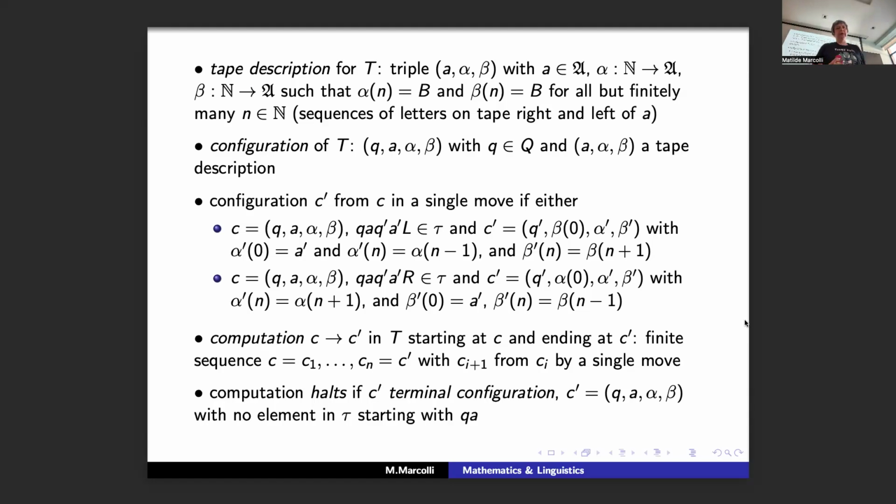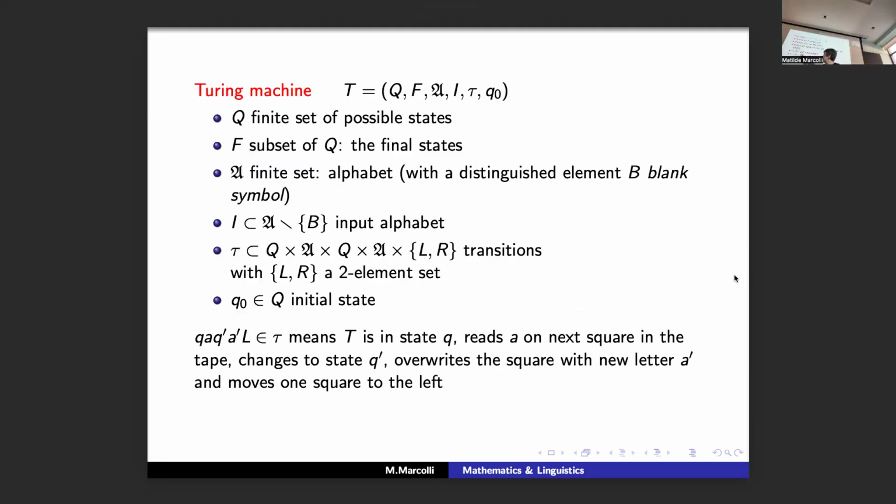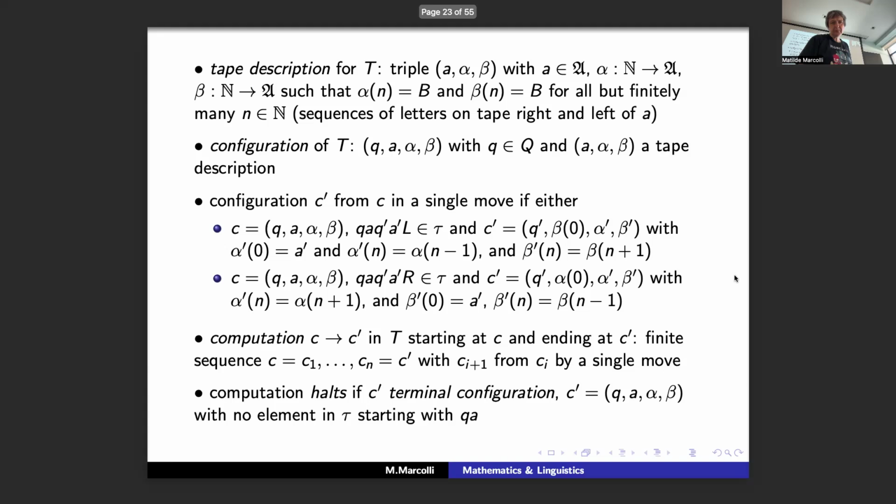And so in this case, a computation is a sequence of configurations of the machine of this form, and this sequence is achieved by a sequence of instructions of the type that I mentioned here.